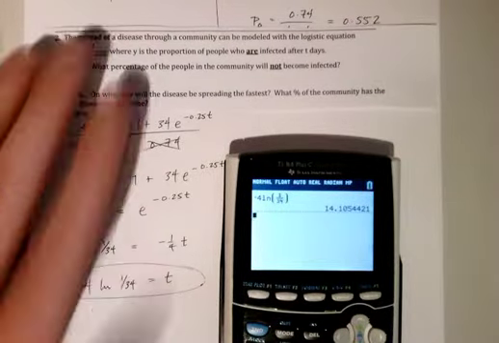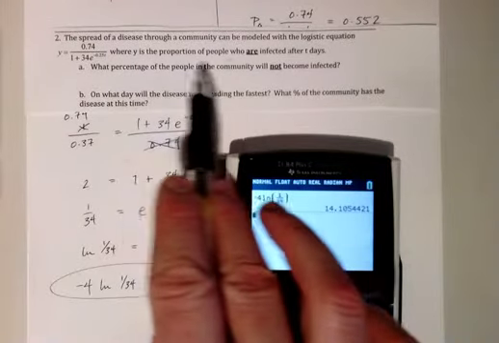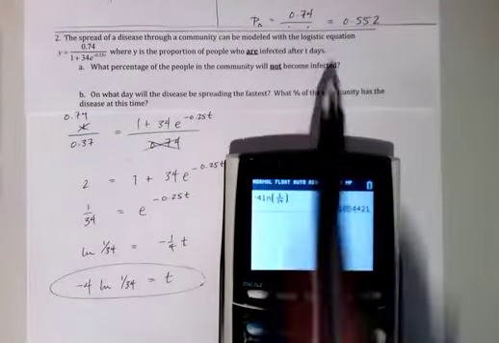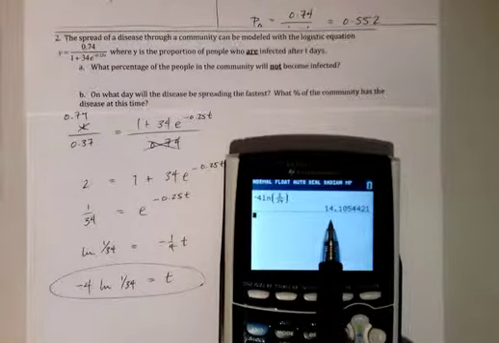Now, it says y was the proportion of the people who are infected after t days. After 14 days, you're going to reach half of the carrying capacity, at 37% of the community being infected.